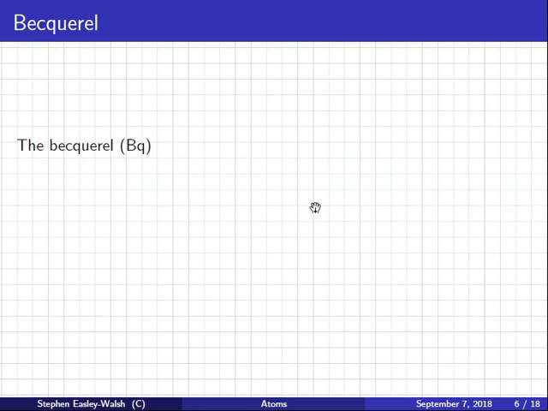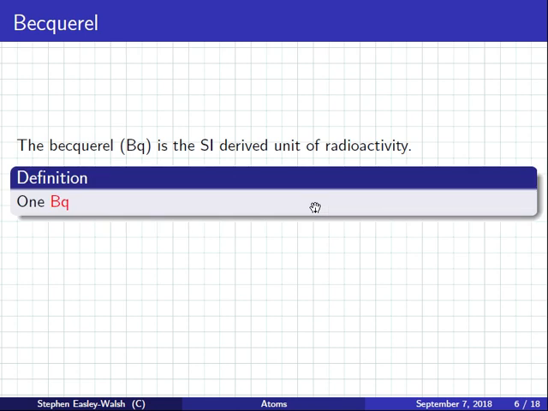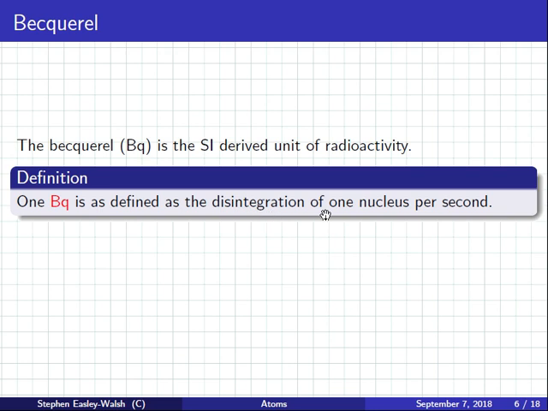So the way we measure it is called the becquerel. I'm not exactly sure how to pronounce it because it's a French name, so I can just say BQ. I think becquerel is perhaps right. It's the SI unit, and it's defined quite simply as 1 becquerel is the disintegration of 1 nucleus per second. So it's one destruction per second.